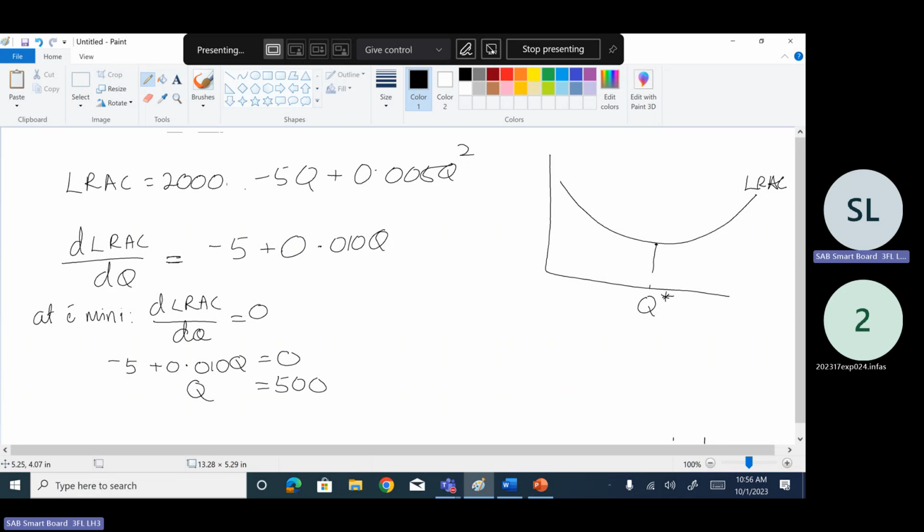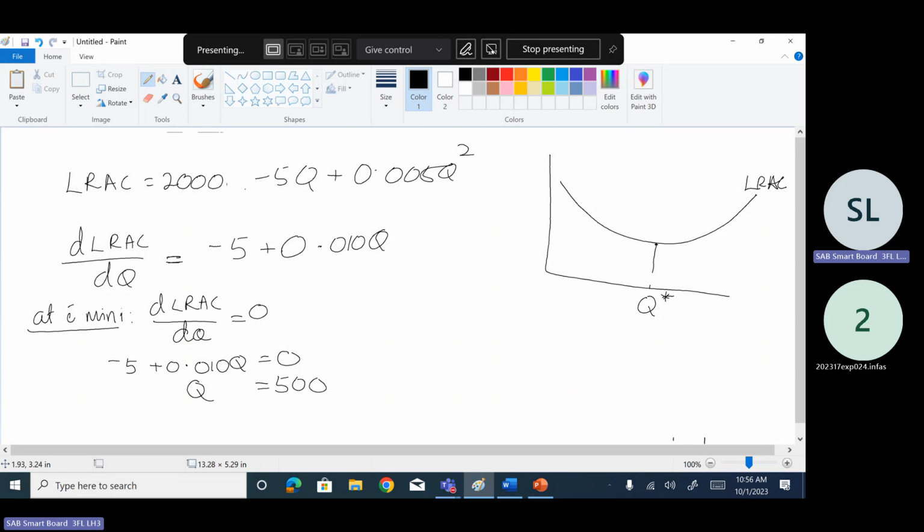Then we don't know whether, if we just equate it to 0, that is the minimum point. If I say that's the minimum point, it's wrong, because at any point, whether it's maximum or minimum, the slope equals 0.